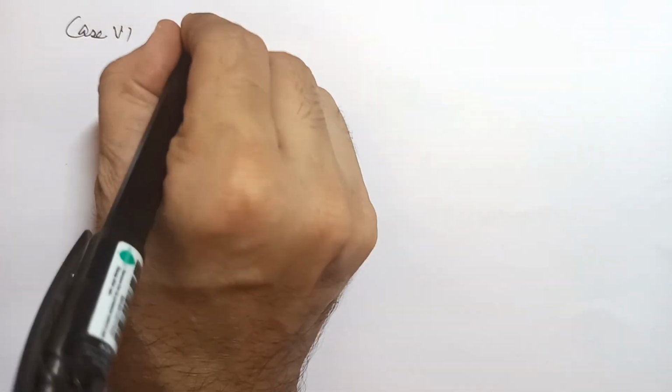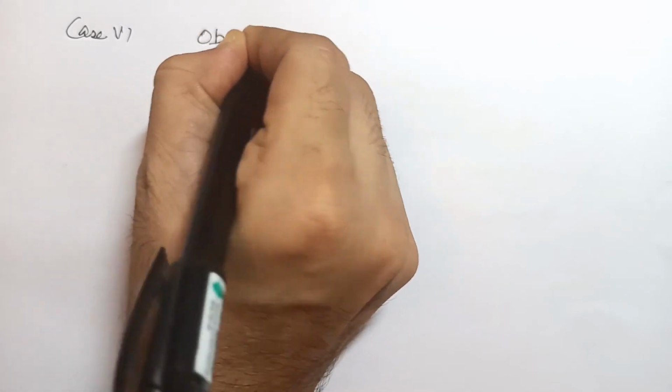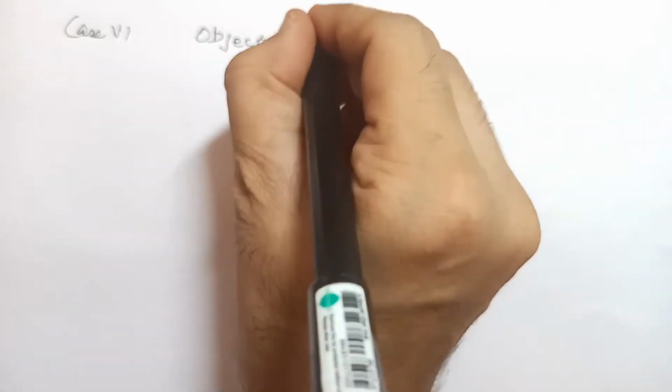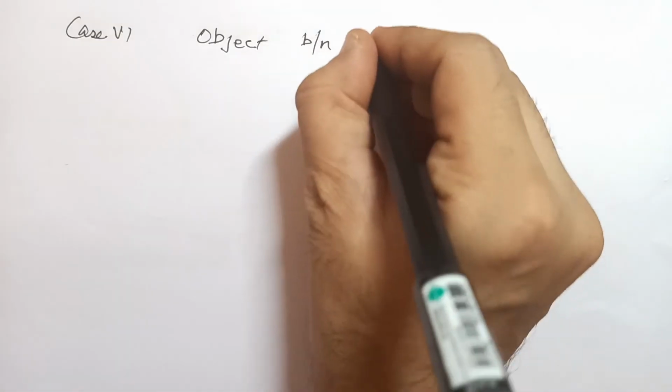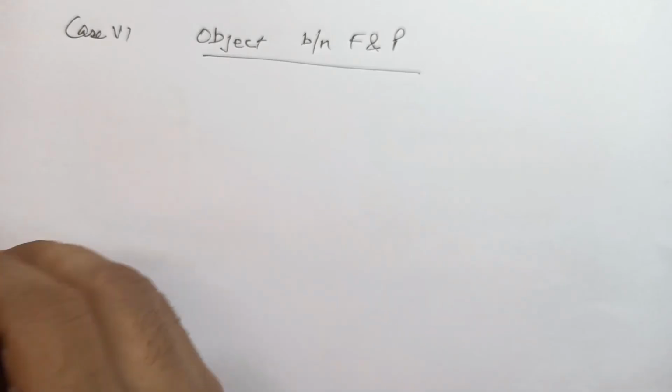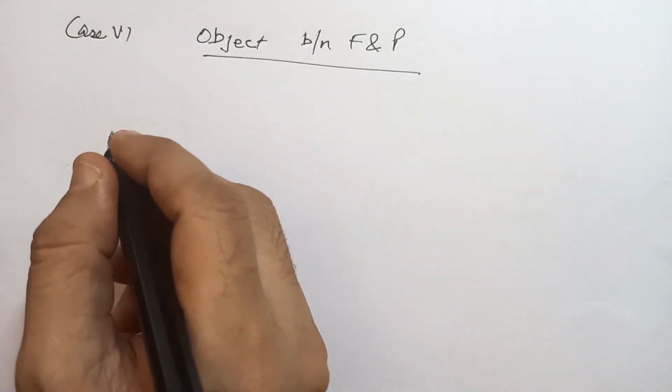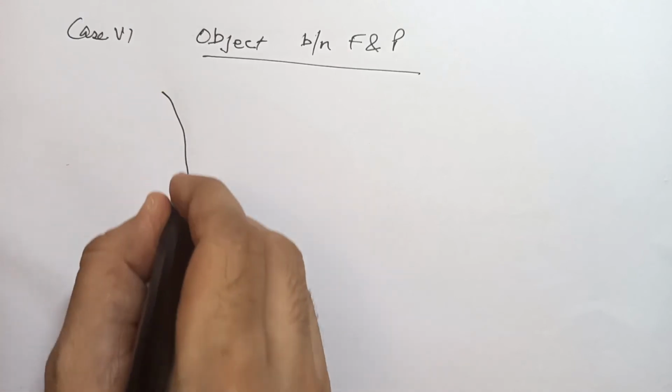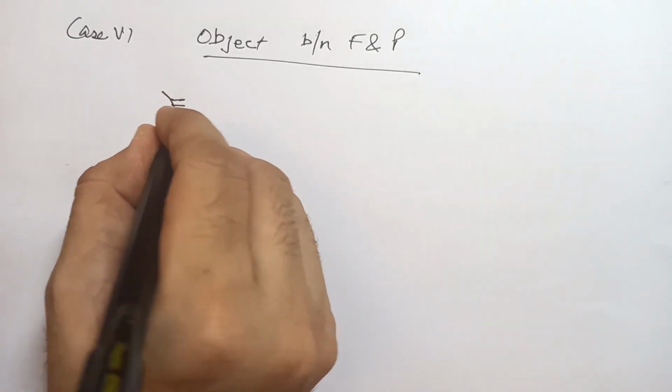Now let's go to case number 6. In this, the object is between F and P. Let's say this is the concave mirror.